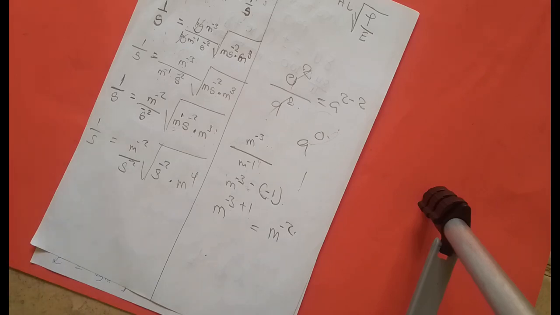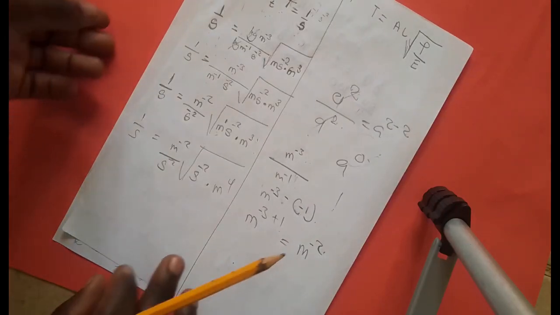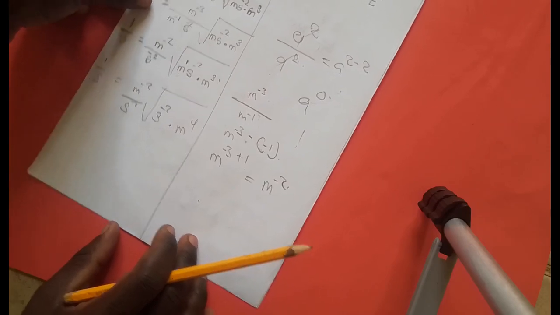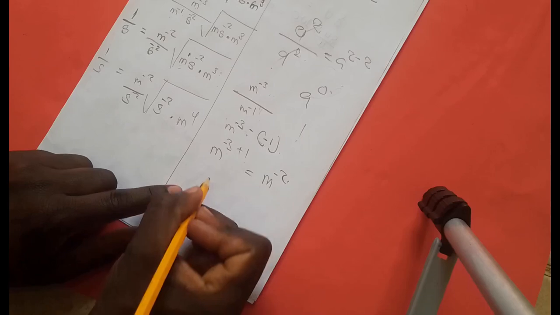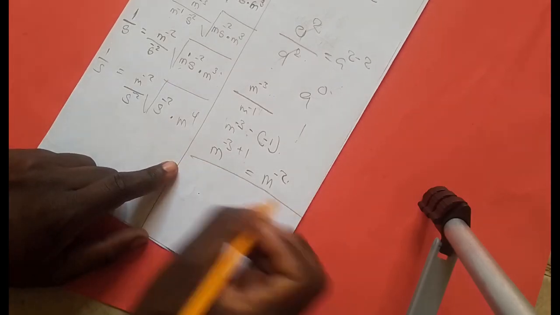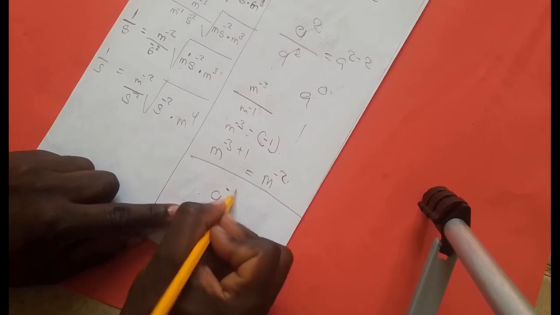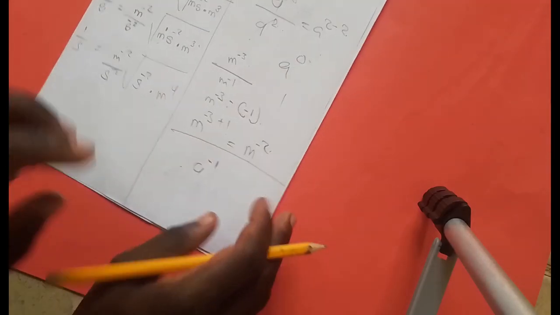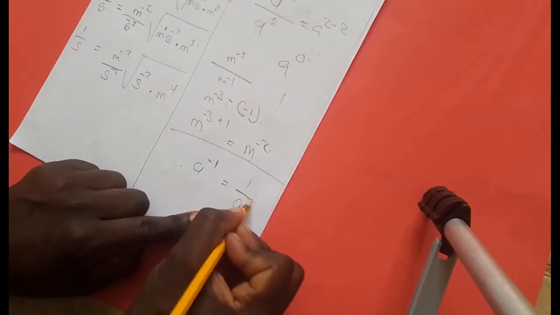At this point, I want you to pay close attention, because this is where the whole thing becomes tricky, right? For example, we have a to the power negative 1. A to the power negative 1 is just equal to 1 over a.